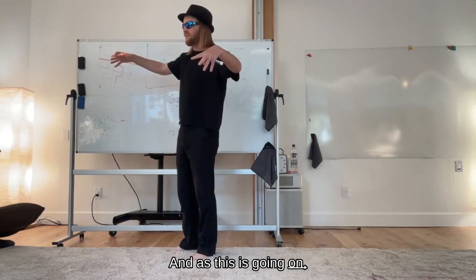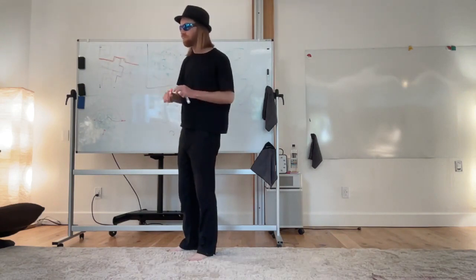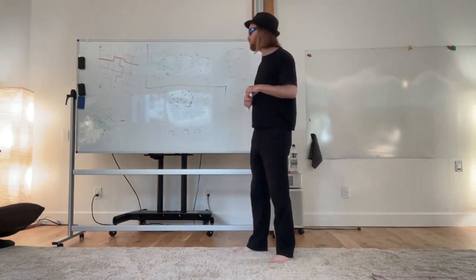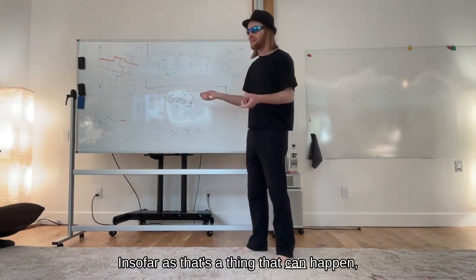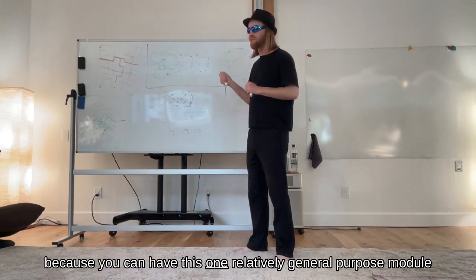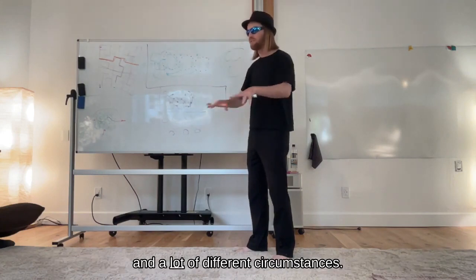As this is going on, it's under pressure to become more and more general purpose, right? Insofar as that's a thing that can happen, that's something that's going to allow a lot of compression, because you can have this one relatively general purpose module that's solving a lot of different problems in a lot of different circumstances. Right?